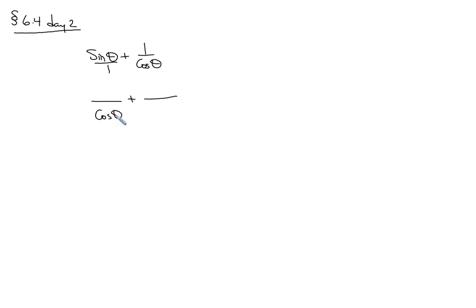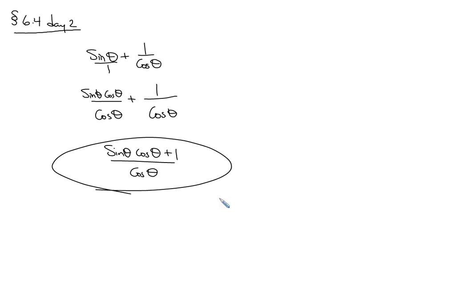So this was cosine of theta. This was cosine of theta. This was already over cosine theta, so that didn't change. This became sine theta, cosine theta, which then became sine theta, cosine theta, plus 1 over cosine theta, right? So that's a very simplistic example of one of these simplifying trig expression problems.